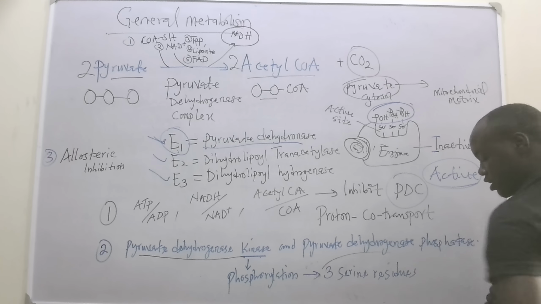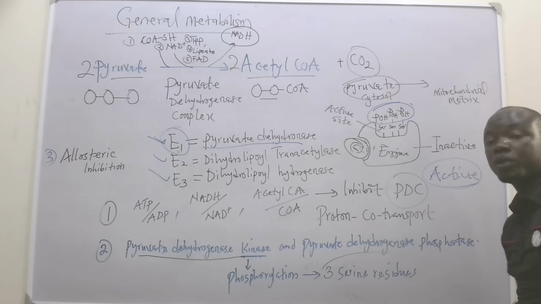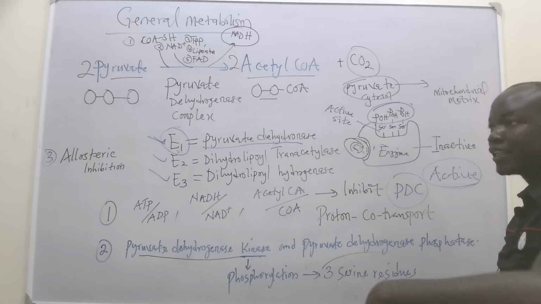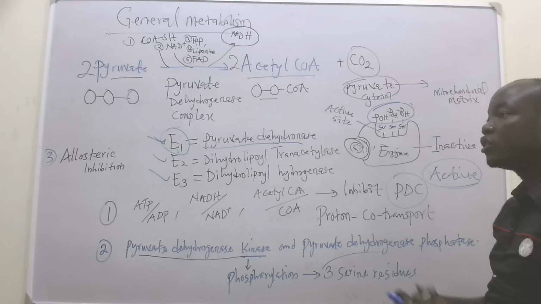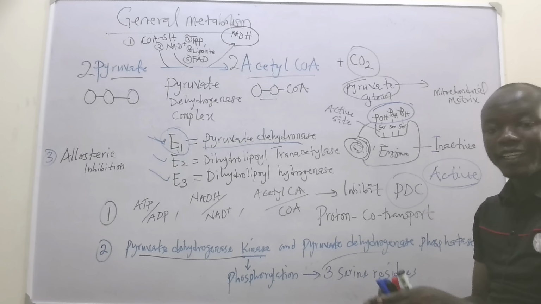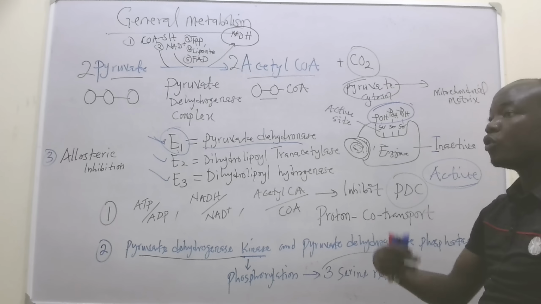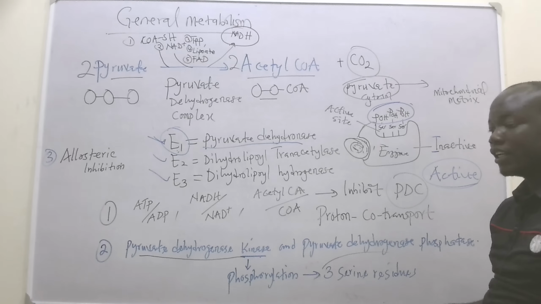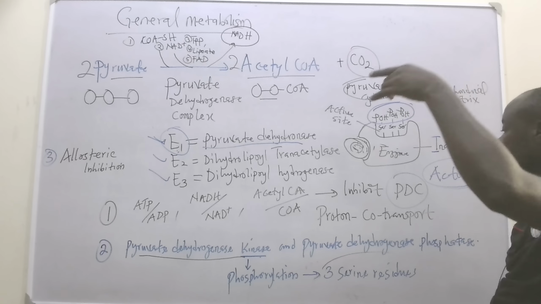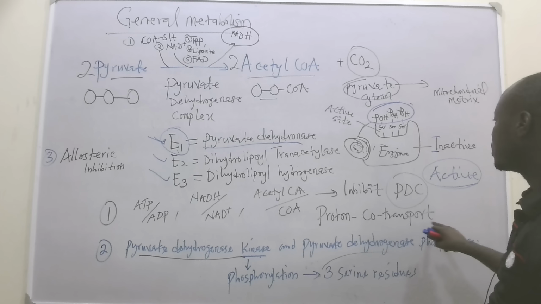So remember, ladies and gentlemen, one of the transport systems across a cell is co-transport. It can be symport, it can be antiport. When two molecules are moving in the same direction across a membrane, it is called symport. And when they move in opposite directions, for example, if one is going in and the other is going out, that is called antiport. So it is proton co-transport.